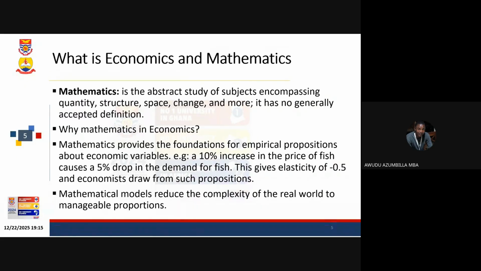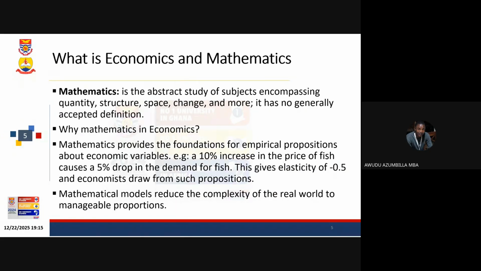There are so many people who have come to explain what mathematics is, but the basic meaning is that mathematics is an abstract, a complex abstract that comprises quantity, quality, structures, space. We can even talk about changes.